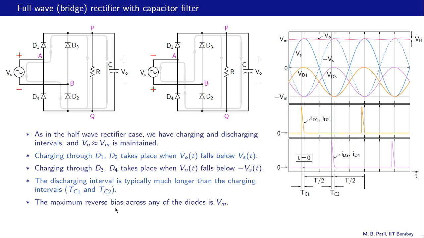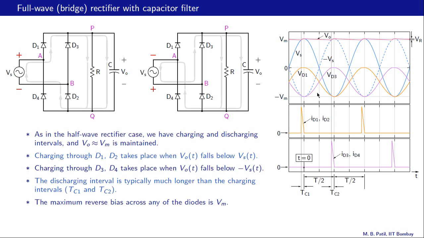The maximum reverse bias across any of the diodes is Vm. Here is the diode voltage VD1, and it's actually the same as VD2, and we notice that it goes from 0 to minus Vm. So the maximum reverse bias across D1 or D2 is Vm.